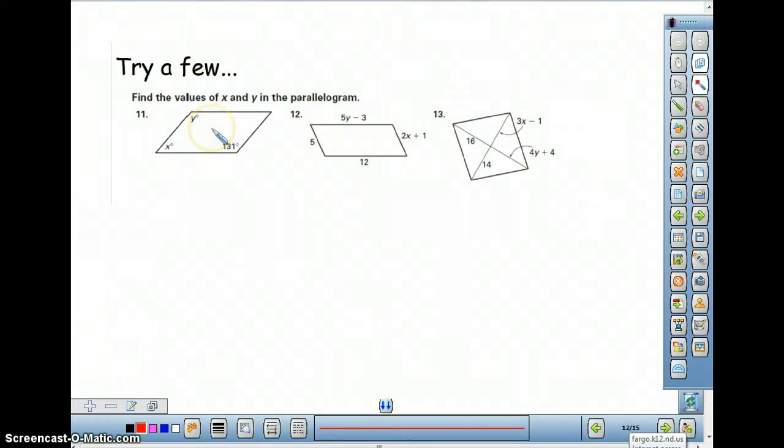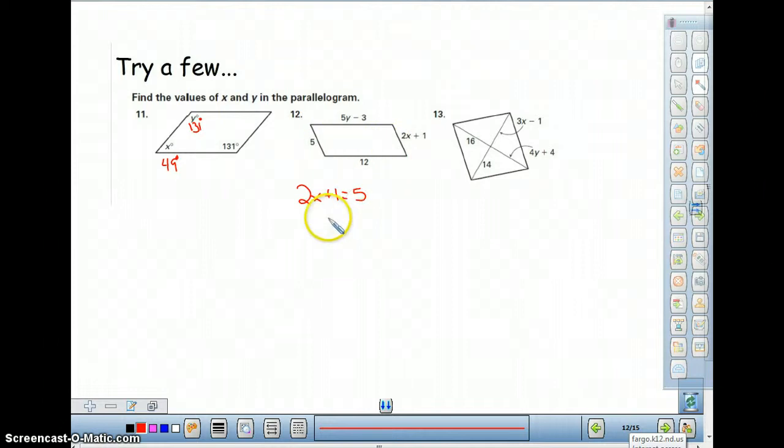Okay, if we look at a few, we know that opposite of 131, so Y is going to give us 131 degrees, and then we have supplements here, so 180 minus 131 is going to give us 49 degrees for X. Okay, we know that opposite sides are congruent, so we have 2x plus 1 equals 5, because those are opposite each other.